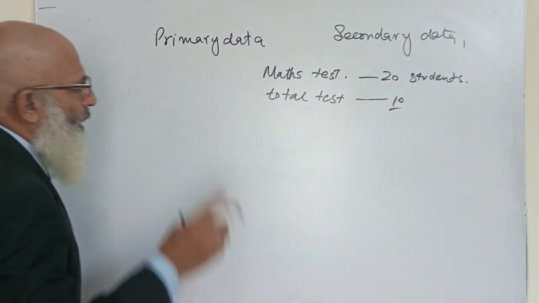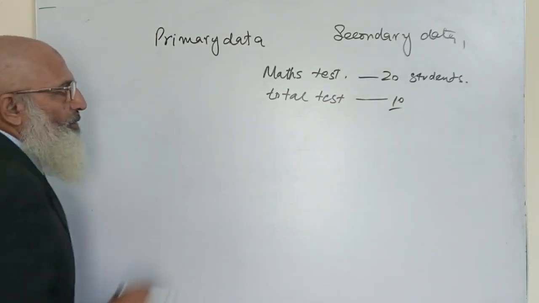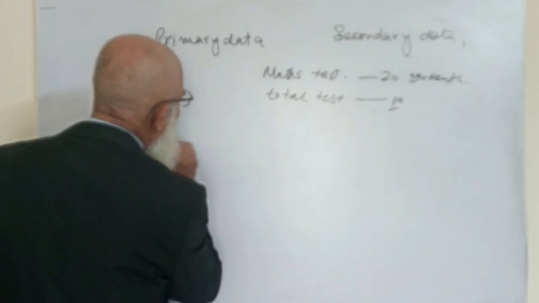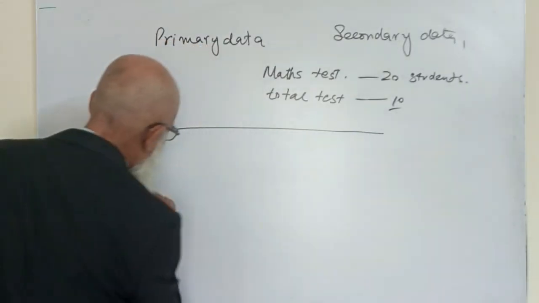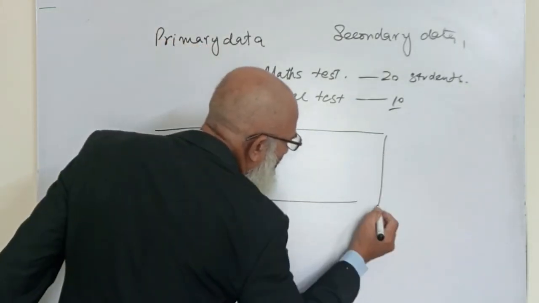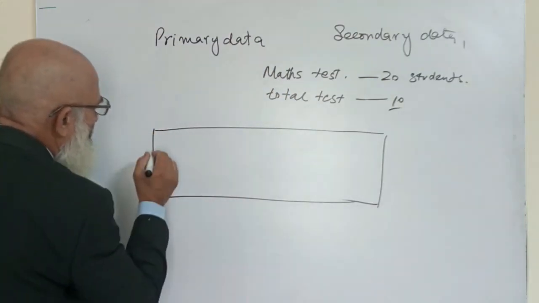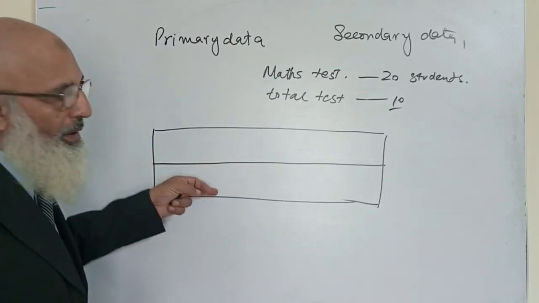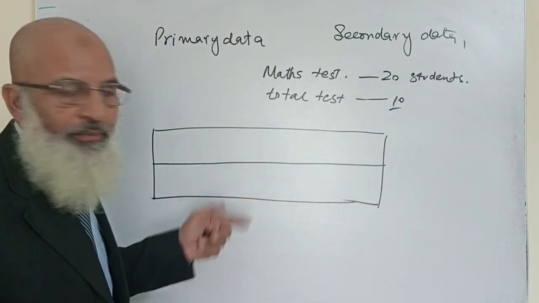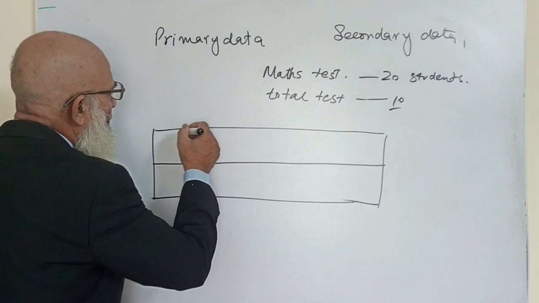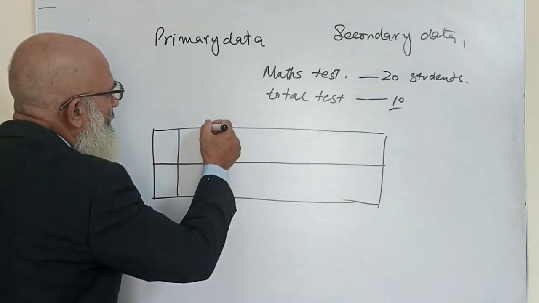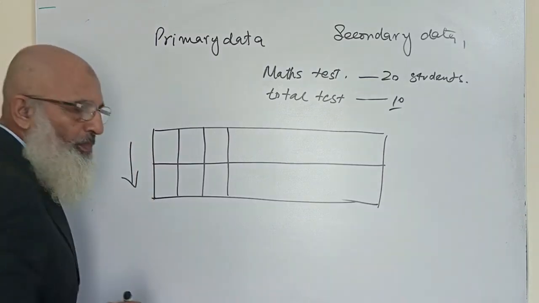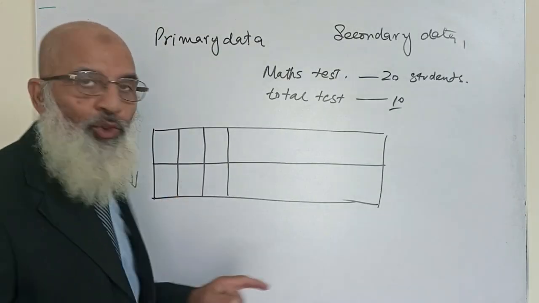Now we have checked the paper, and we are going to form it in the tabular form. We'll make 2 rows and as many columns as we need. This is what we call a column.